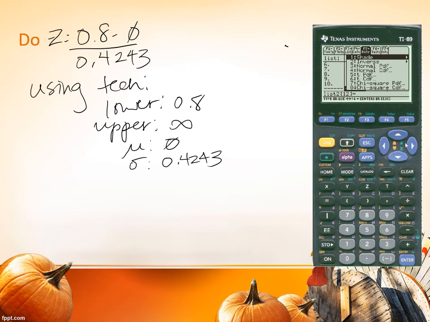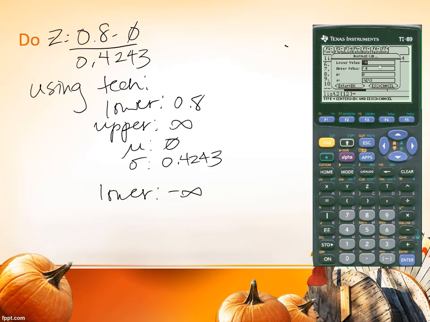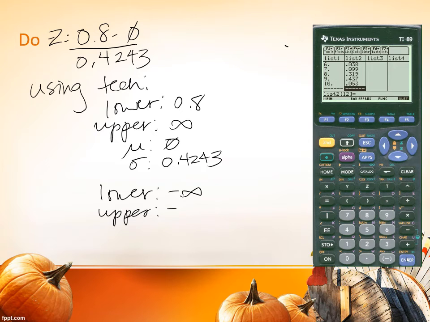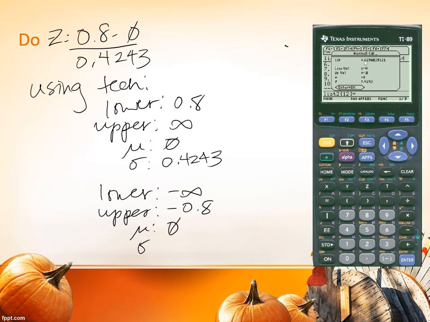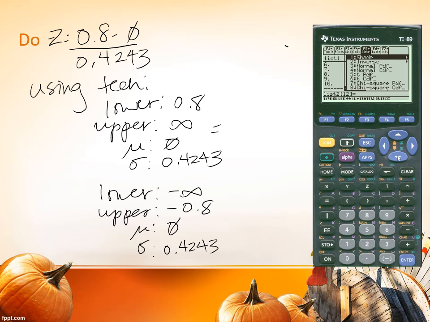Okay, so then the other side is just the same thing. My lower is negative infinity. My upper is negative 0.8. My mean is 0. My standard deviation is 0.4243.